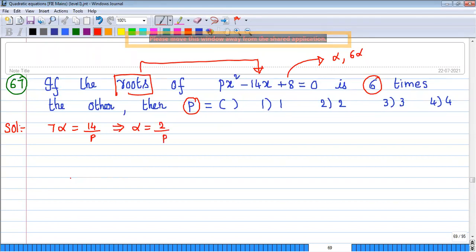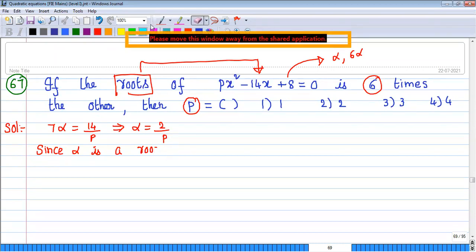Since alpha is a root, that means one of the roots only. Alpha is a root of px square minus 14x plus 8 equals to 0.